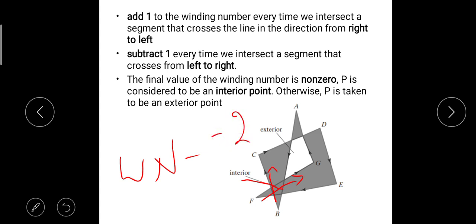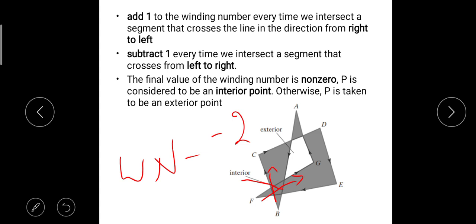And we don't find any other lines intersecting our reference line. So the winding number is -2, which is non-zero. So the conclusion is that if the winding number is non-zero, then it is treated to be an interior point.